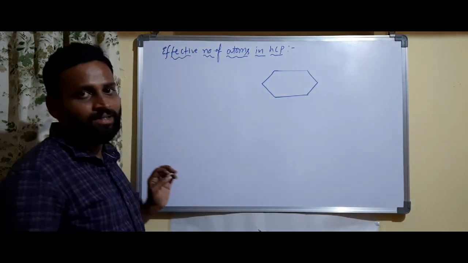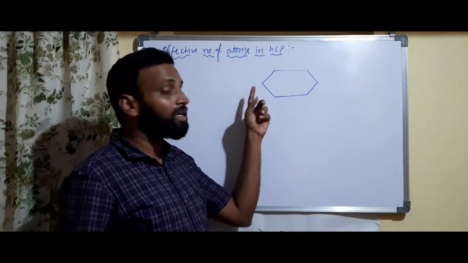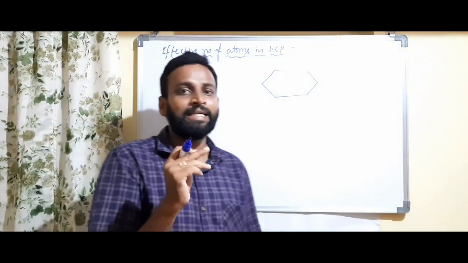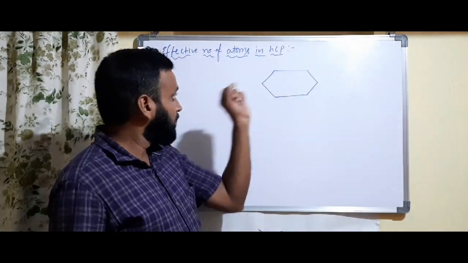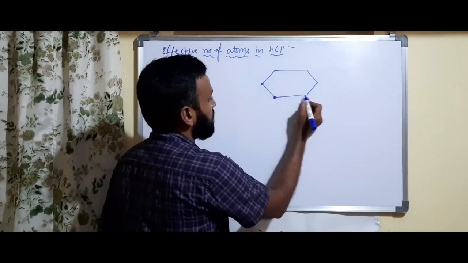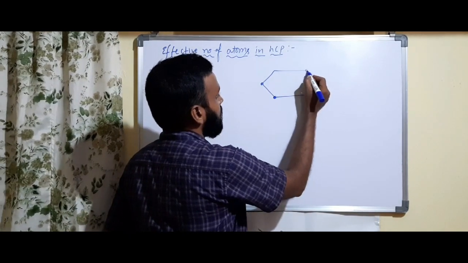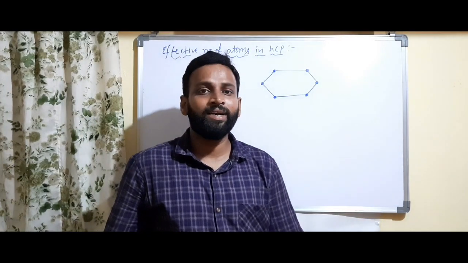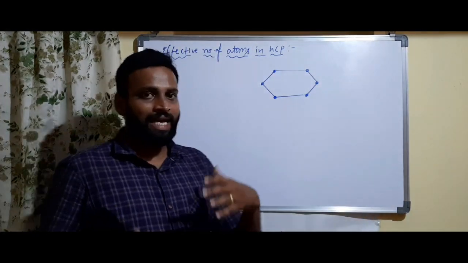In our regular classes, I'll show you why the corner atom is shared by 6 unit cells here. That is the biggest difference. In HCP, each corner atom, this corner, is shared by 6, because hexa means 6.